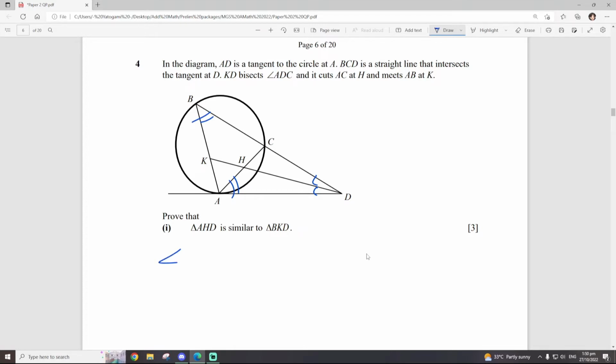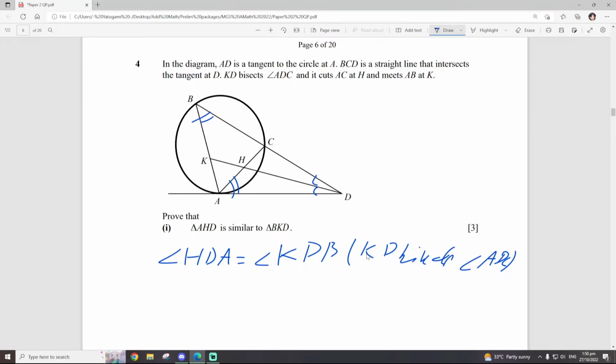Angle HDA equals angle KDB, remember to write it correspondingly, since KD bisects angle ADC, and angle HAD equals angle KBD by the alternate segment theorem.